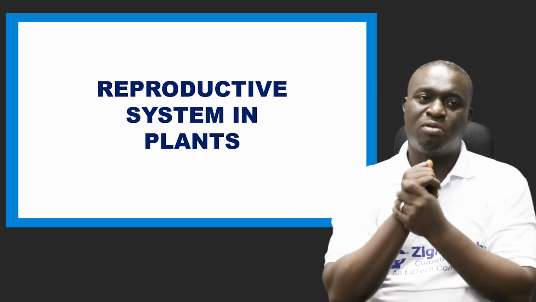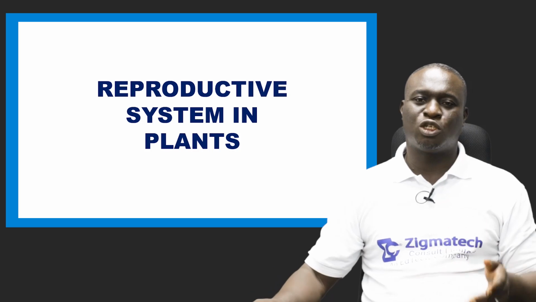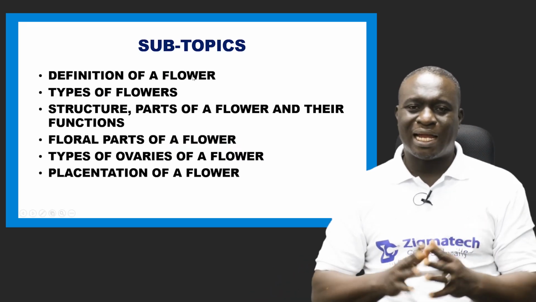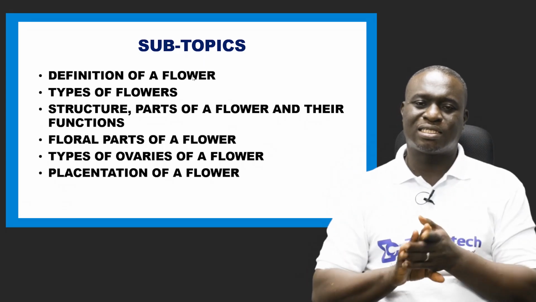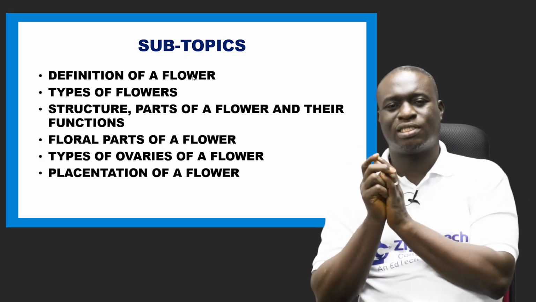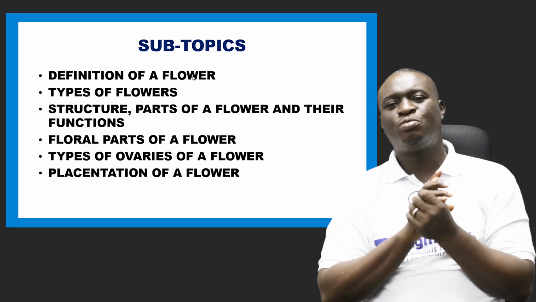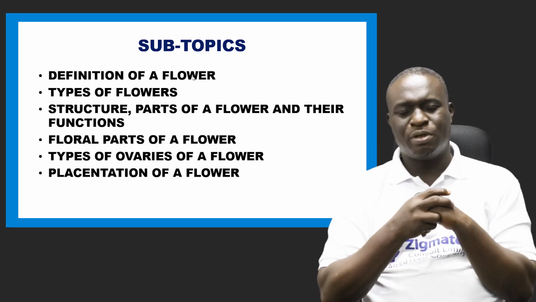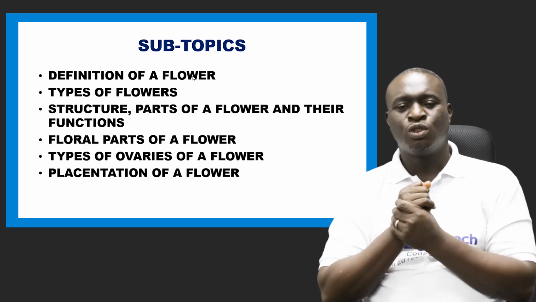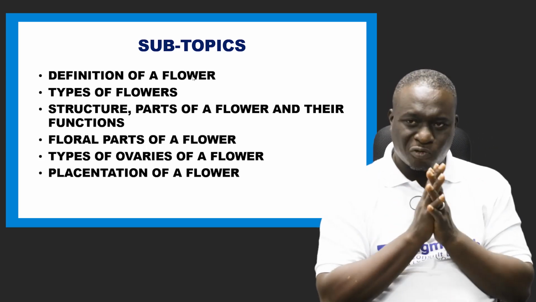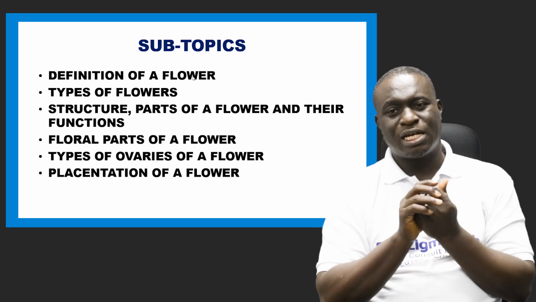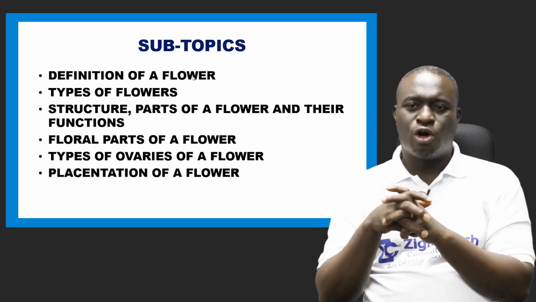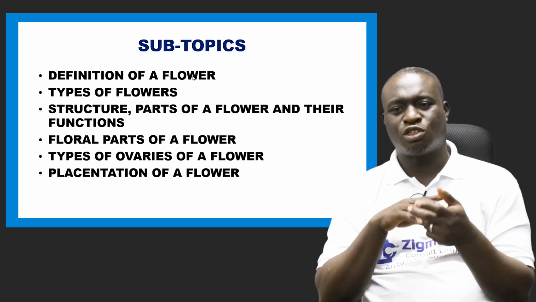All right. But before we go into this topic, I'd like us to look at some of the areas we are likely to touch in this series on the reproductive system in plants. We're going to be looking at the definition of a flower, the types of flowers, the structural parts of a flower and their functions, and the floral parts of a flower.